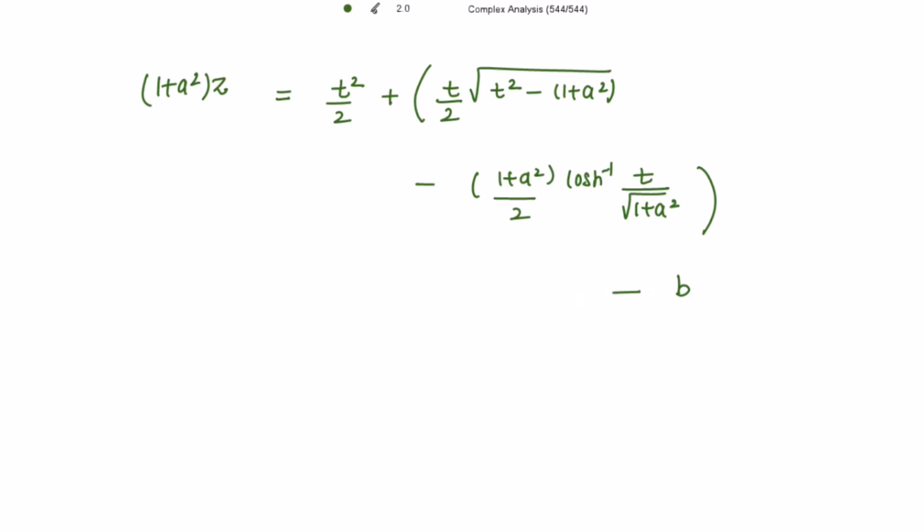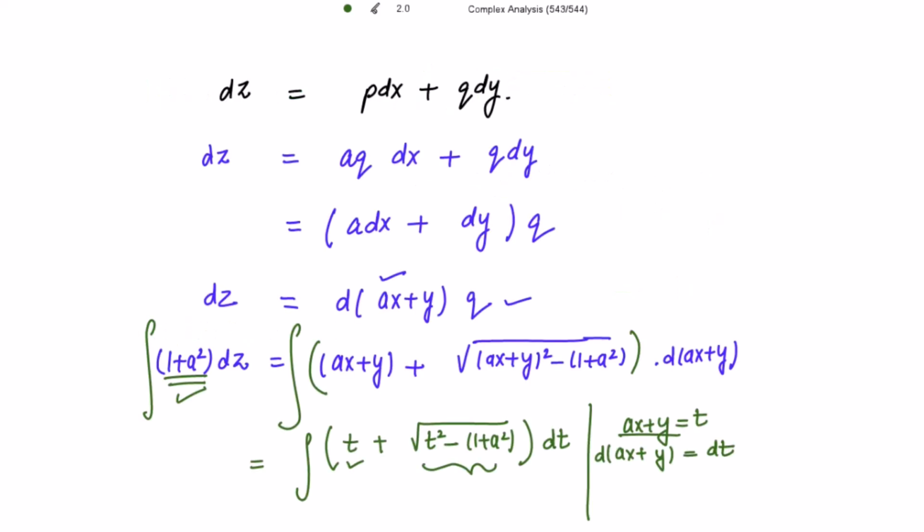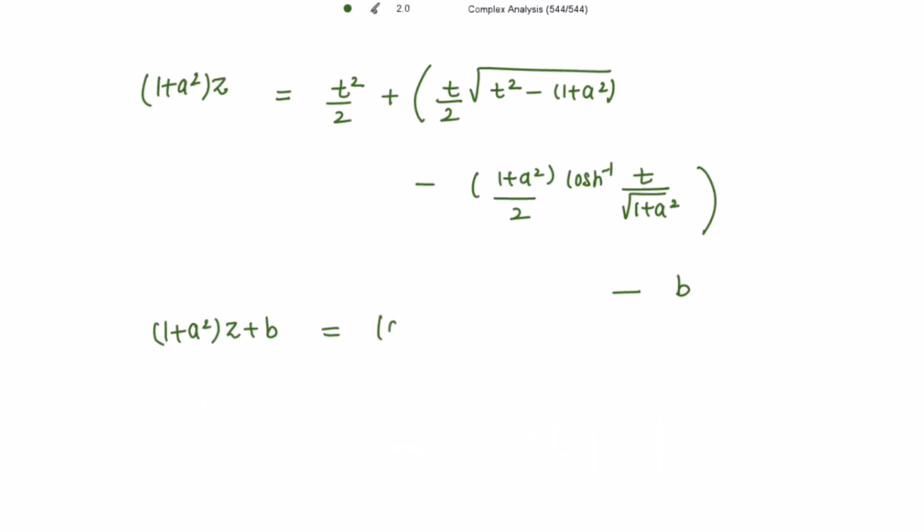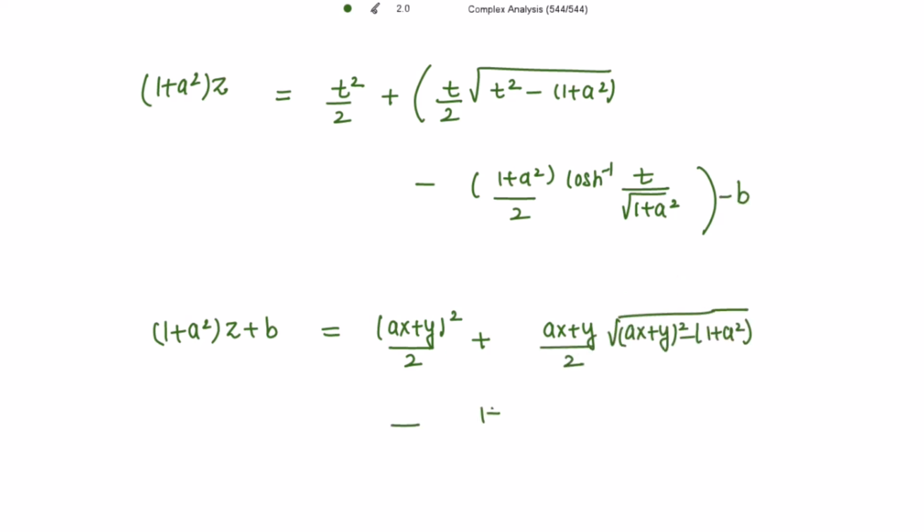So taking this b to the other side we get (1 plus a square) z plus b equals to, for t we have substituted ax plus y, so writing in place of t, ax plus y everywhere, to get the desired complete integral for the given equation.